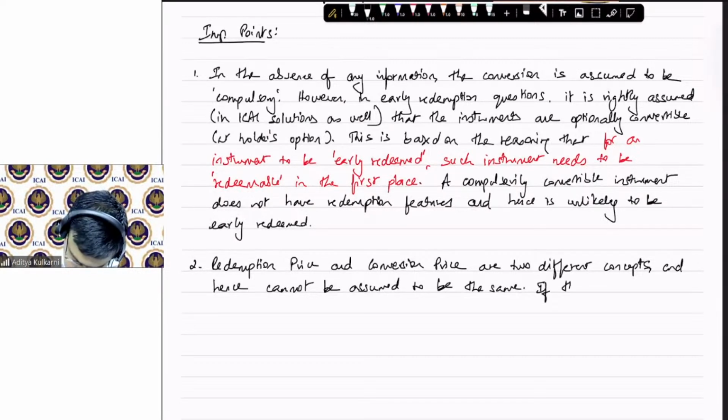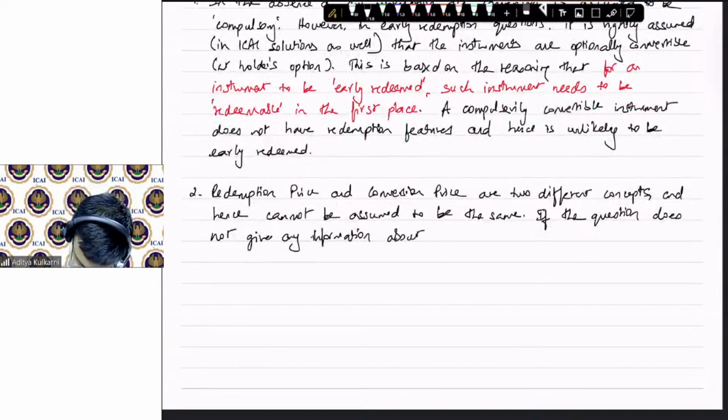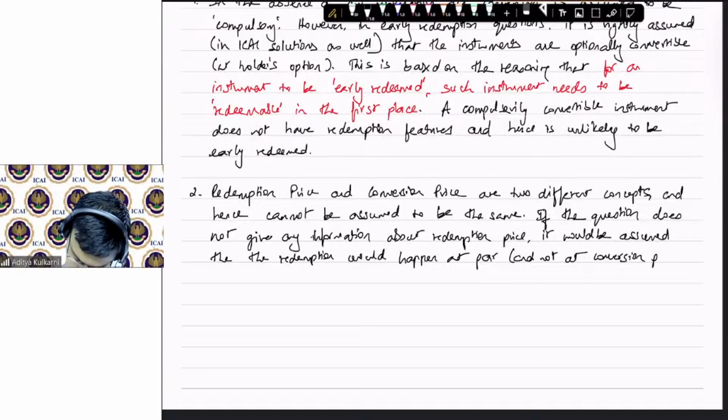If the question does not give any information about redemption price, it would be assumed that the redemption would happen at par and not at conversion price.